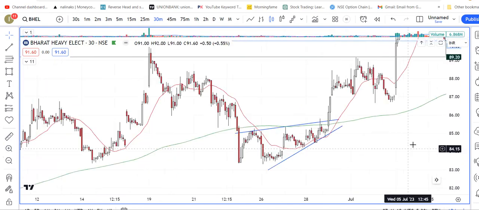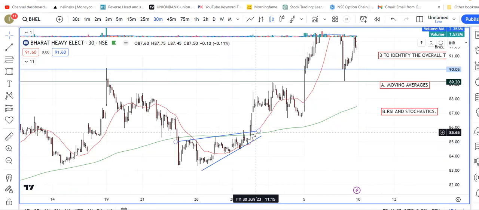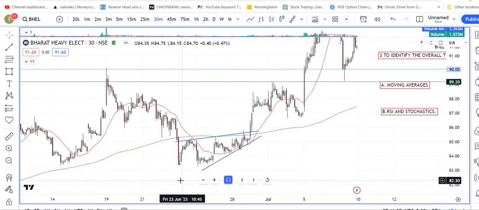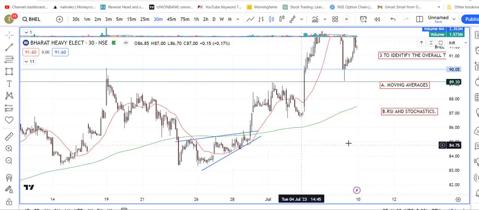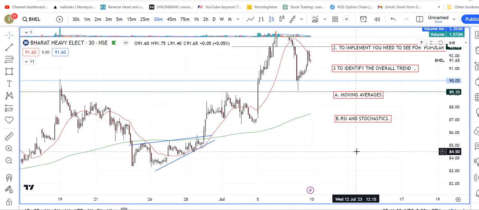Likewise, even before the breakout, you can identify it by trend structures, trend lines and all those things. Another option is momentum indicators like RSI and stochastics.